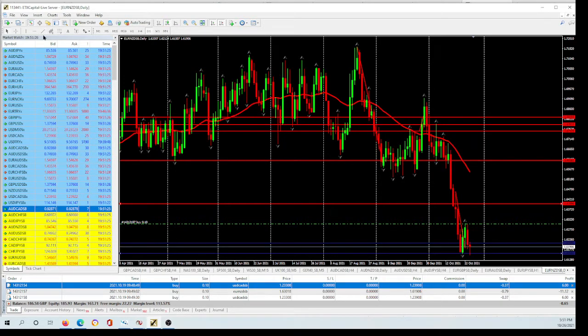This is a downtrend, then you have a high, then you have the low. So this shows a downtrend, so you wait for another high.